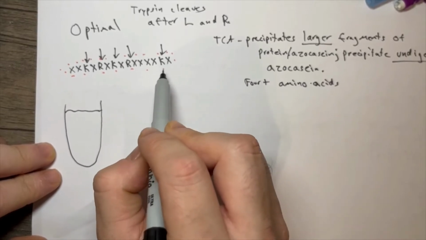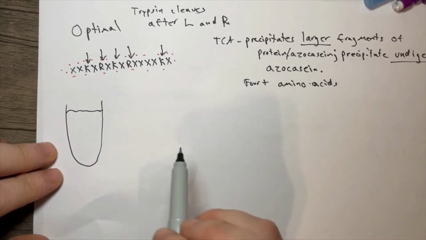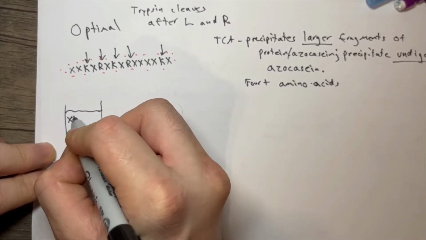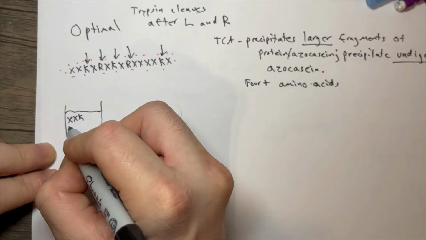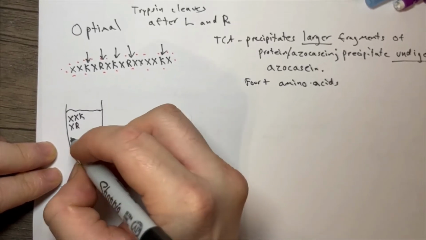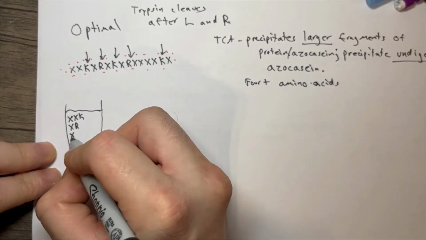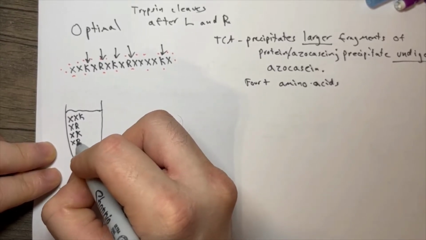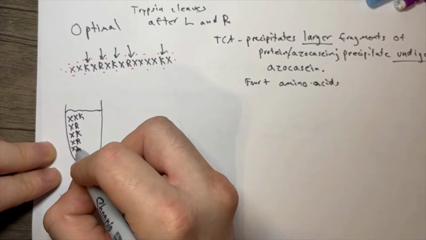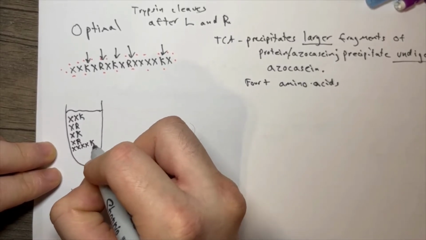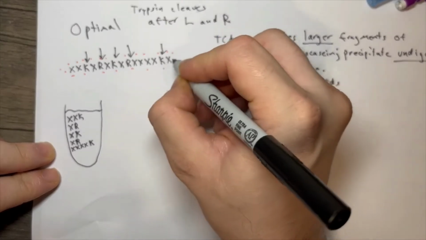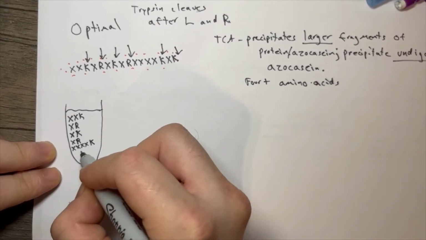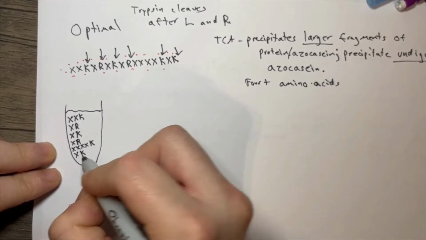It would cleave right after these amino acid residues, these lysines and arginines, and we would get the resulting fragments. XXK, XR, XK, XR, that large fragment. Let's just add another K right there. And then there would be an XK, right?